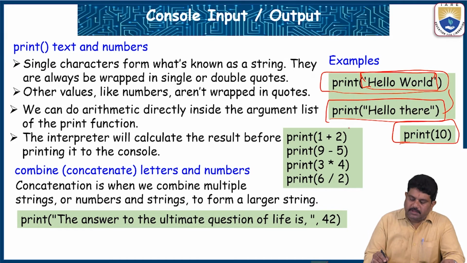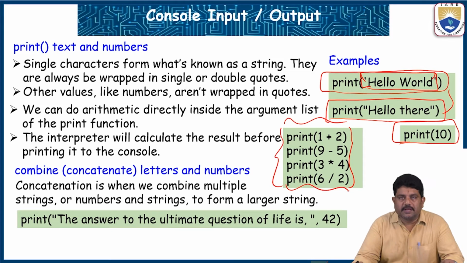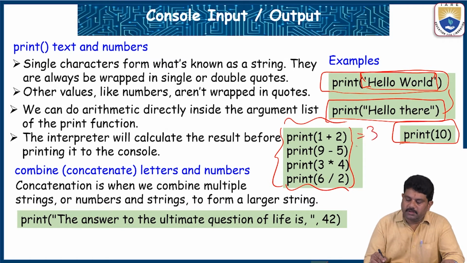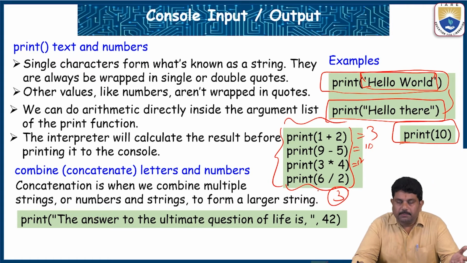Here are some of the examples I have given. We can also perform arithmetic operations directly in the print function. See here, print 1 plus 2 prints 3. It prints 4, it prints 12, it prints 3. Print 9 minus 5, print 3 into 4, print 6 by 2.